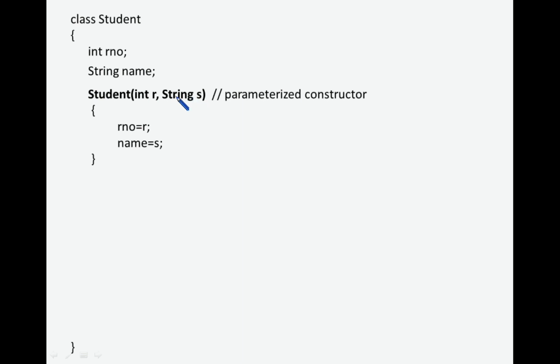So we are passing the arguments. That is why it is called a parameterized constructor. In this, we are simply assigning r to this RNO and s to this name. So this is the role of parameterized constructor, which is going to initialize the member variables of student class.